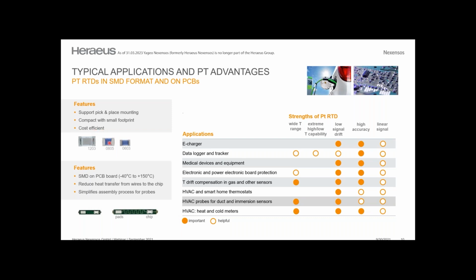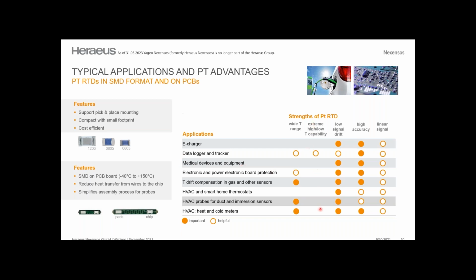This type of element is also used in e-chargers. They're widely used in data loggers and trackers. And we learned in the pandemic that they also enter into a lot of medical devices and equipment to monitor, for example, a patient's health. For the SMDs, the range is up to about 200 degrees, depending on the product.